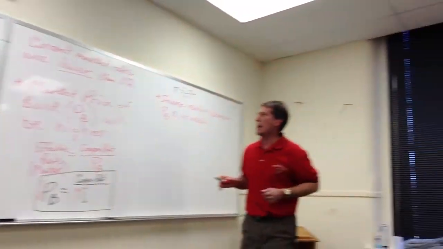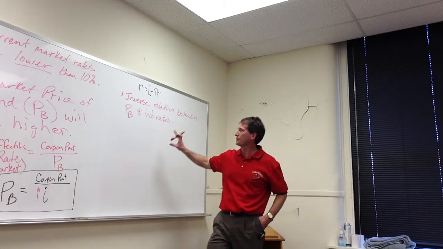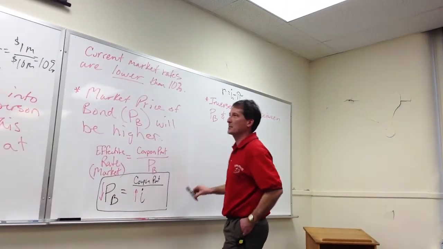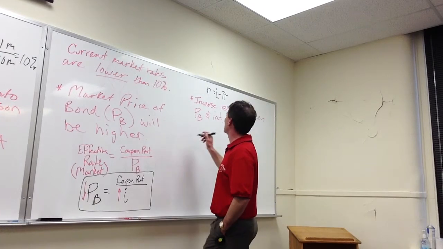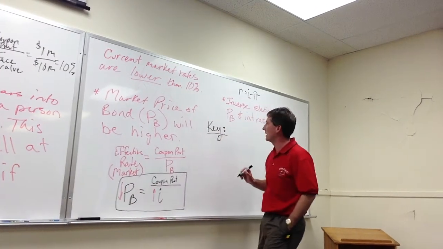Okay. So let's see. Last bullet. This is kind of being a long bullet. So let's put key point here. This is what you really need to know in terms of the money supply. Key point.